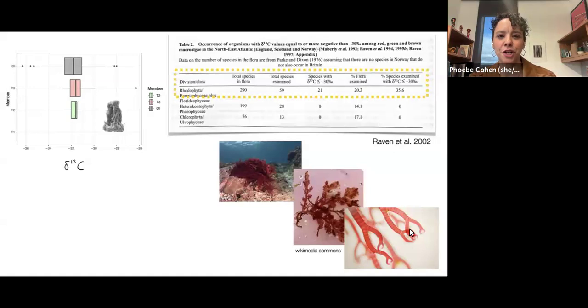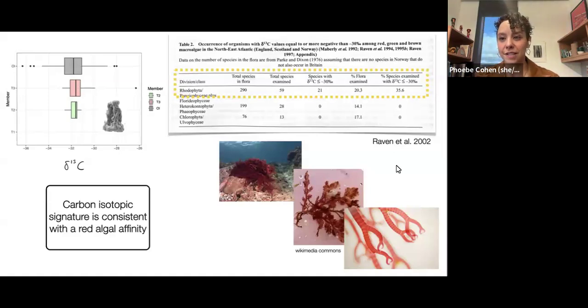And basically what they're showing is the number of species with delta C13 values that are less than -30. In the rhodophytes is 21. It's 0 in the brown and green algae. So there's something unique about red algae that are leading to this more depleted carbon isotopic signature, which is something that we're reading and learning more about, trying to understand. But this was really cool because it means that the carbon isotopic signature is consistent with a red algal affinity.